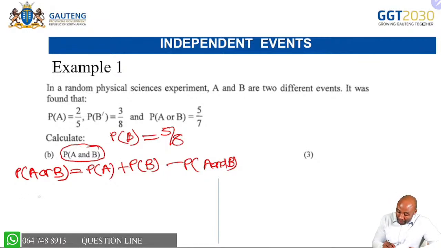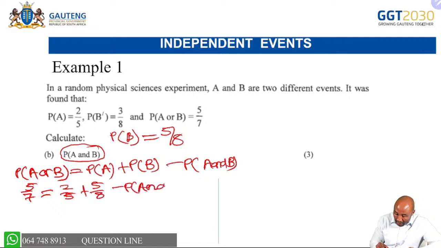The probability of A or B is 5/7. The probability of A is 2/5 plus the probability of B, we got it as 5/8, minus the probability of A and B. We make the probability of A and B the subject.